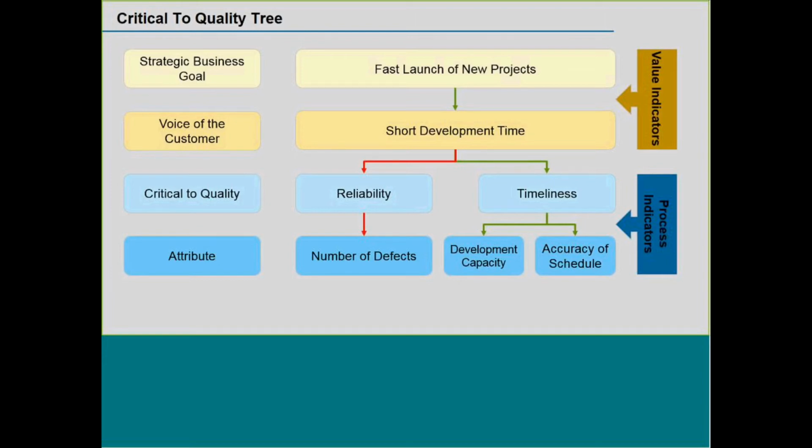So while the voice of the customer told us they want a short development time, what we need to do as a business is also think beyond that, and that they not only want a product quickly, but they also want a product that works. So the attribute that we can actually manage to do that is to ensure that we have a low number of defects in our product.